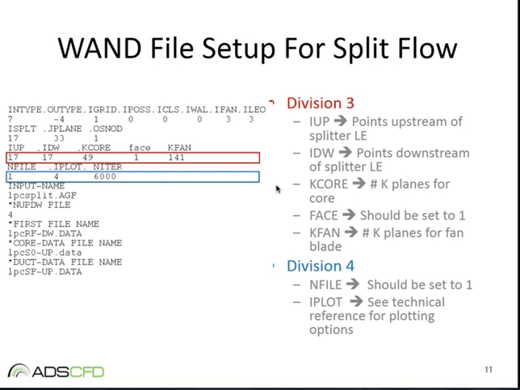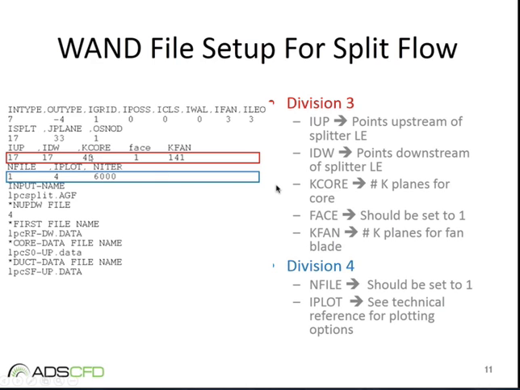In the next row, we're looking at the number of points upstream of the splitter leading edge, followed by the number of points downstream of the splitter leading edge. So you can think of this as, this one controls the number of points between the splitter leading edge and the interface with the fan. This one controls the number of points between the splitter leading edge and the interface between the core and the bypass regions.